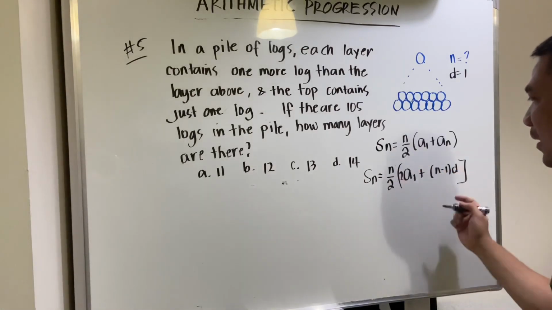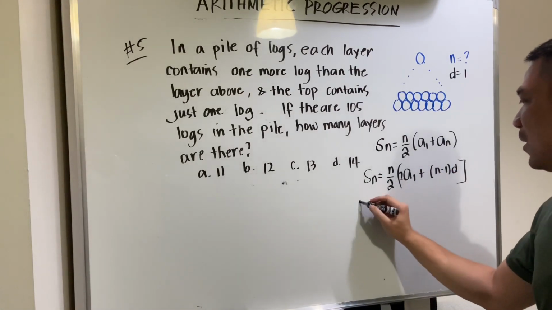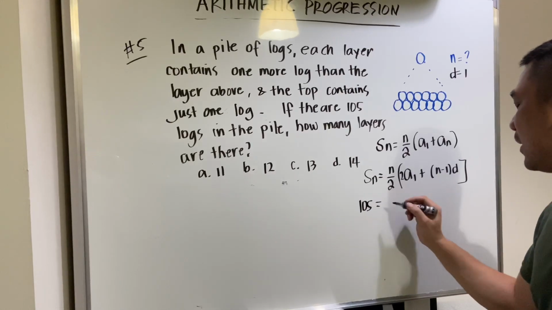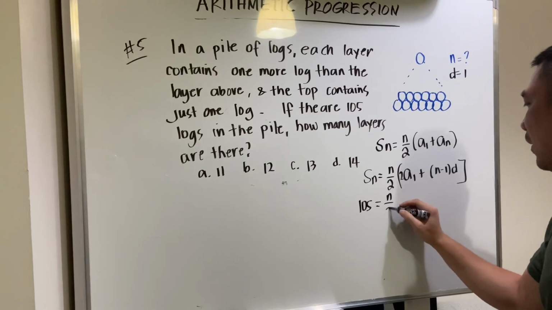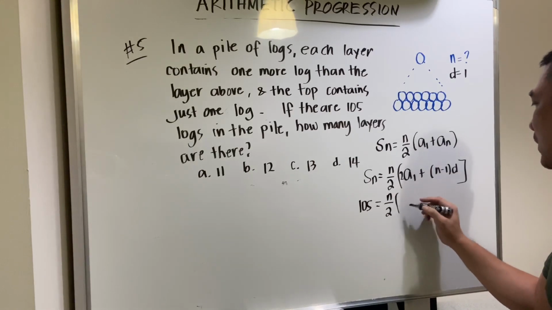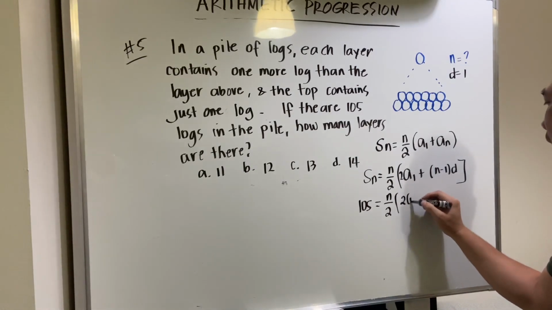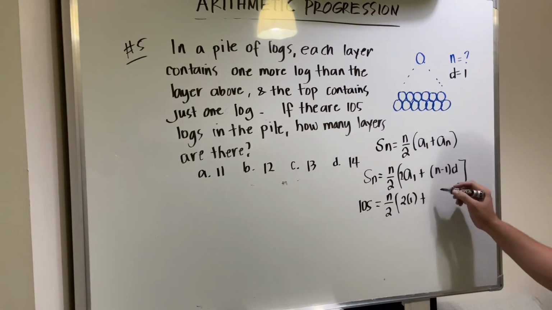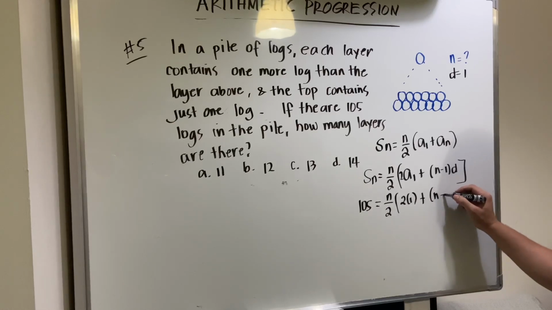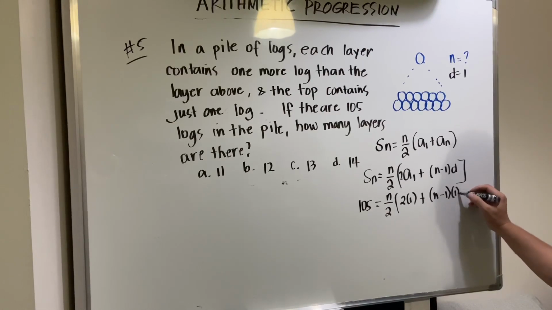So substituting the given values, we have 105 here is equal now to n over 2, we don't know n, times the quantity 2 times 1 plus n minus 1, we don't know n, minus 1 times the common difference of 1.